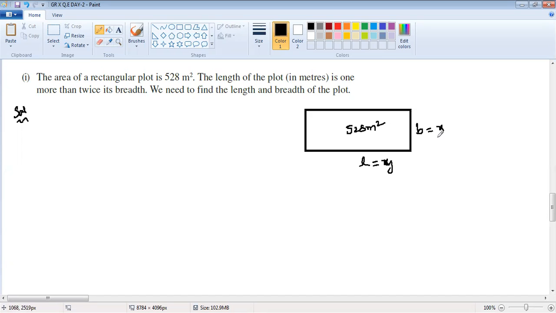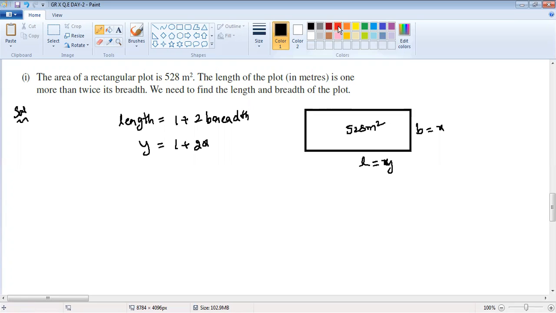Here this is x, this is y, whatever it is. But here, the length of the plot is one more than twice its breadth. It means 1 plus 2x, since we took breadth as x. So y is equal to 1 plus 2x.